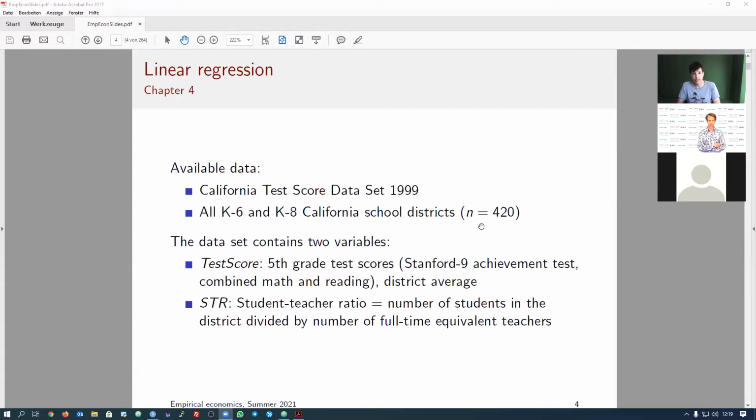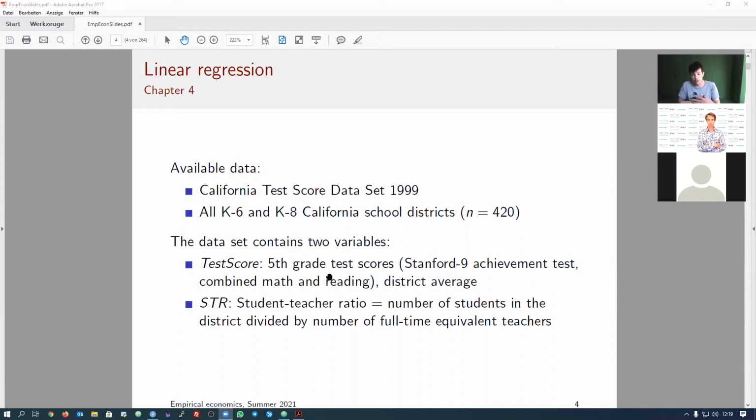What we obtain as data is the test score of the Stanford 9 achievement test, which is taken in the 5th grade. We have a combination of the reading score and the math score, which I told you about last week as well. We also observe the student-teacher ratio: the number of students in the district divided by the number of full-time equivalent teachers in the school district.